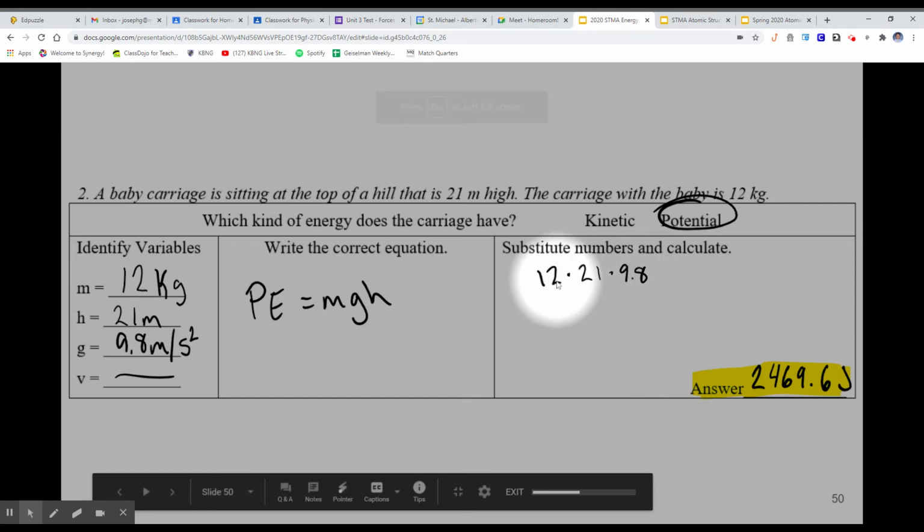But this would be 12 kilograms, 21 meters, and 9.8 meters per second squared. And when you multiply all of those together, you get our answer of 2,469.6 joules.